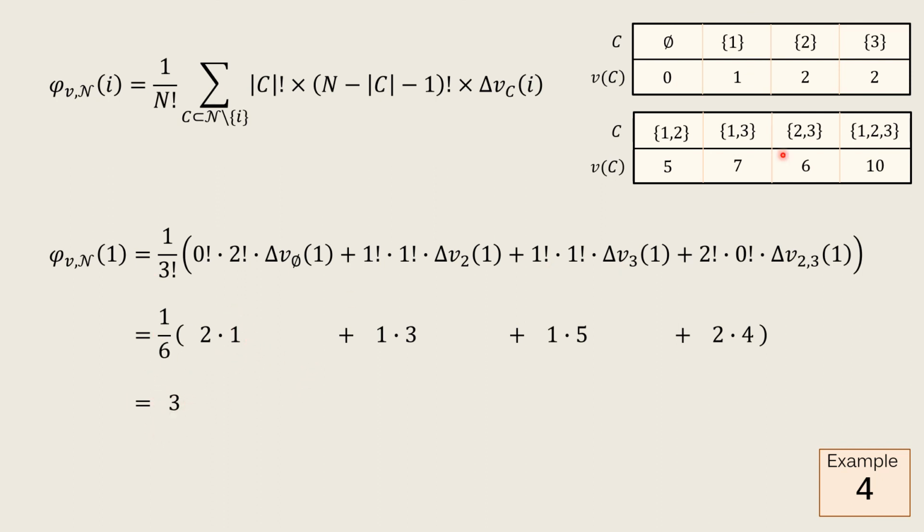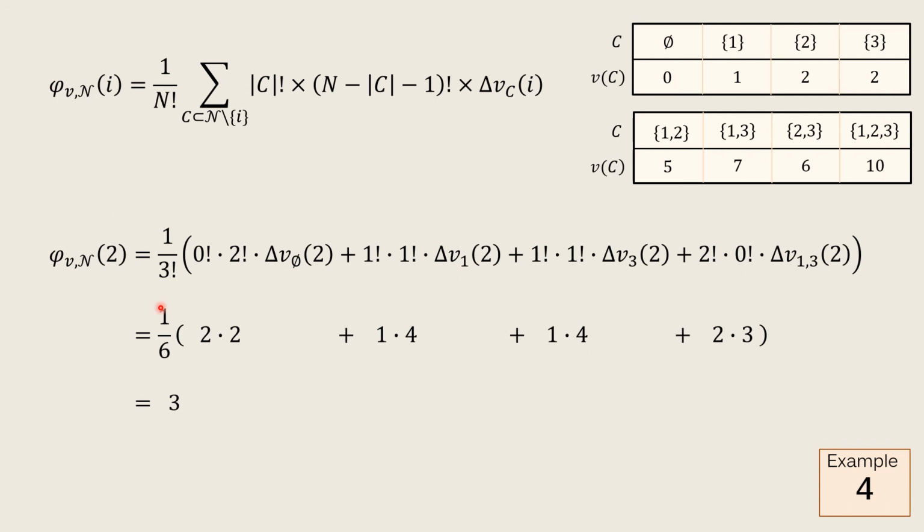This 1 here corresponds to this 1. This 3 here is 5 minus 2, and this 5 here is 7 minus 2, and this 4 here is 10 minus 6.